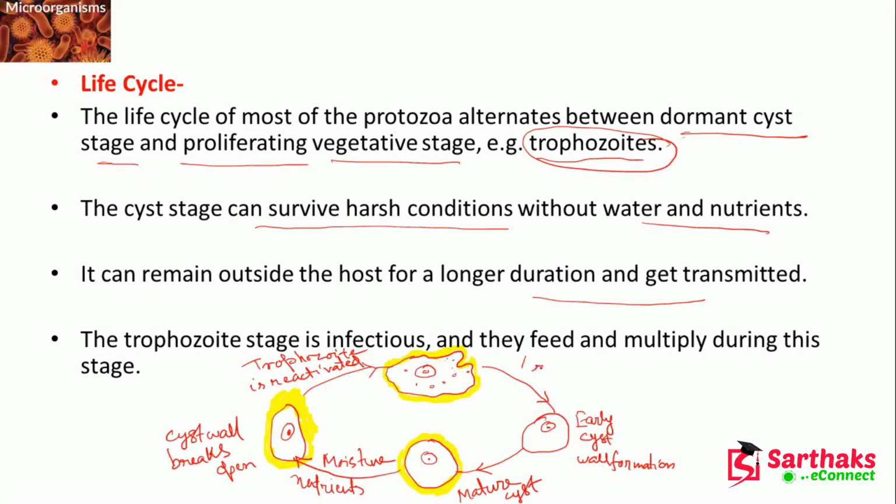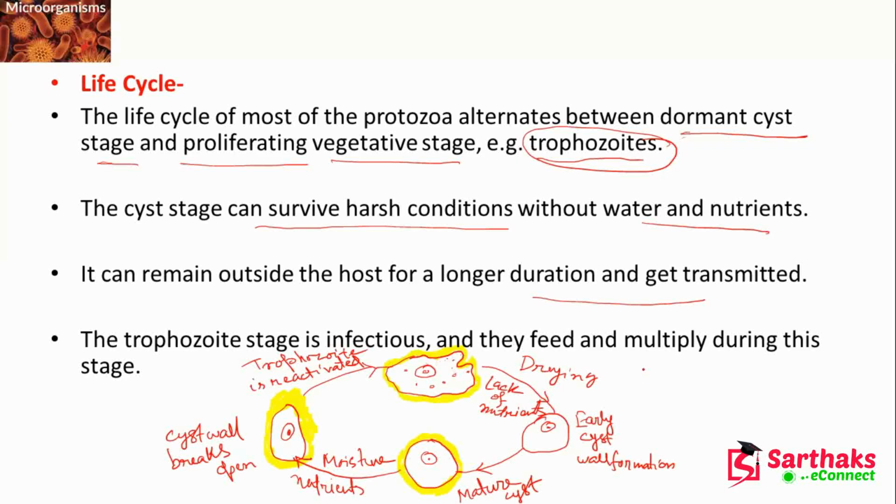Now this is drying and lack of nutrients, and this is the trophozoite and active feeding stage. So this is the total life cycle of the protozoa.